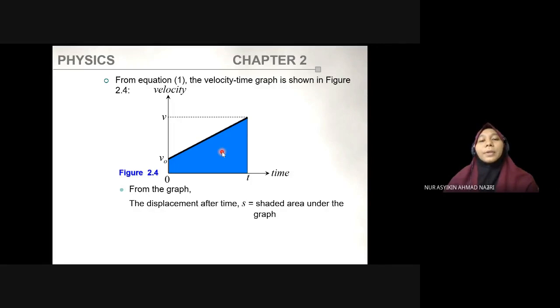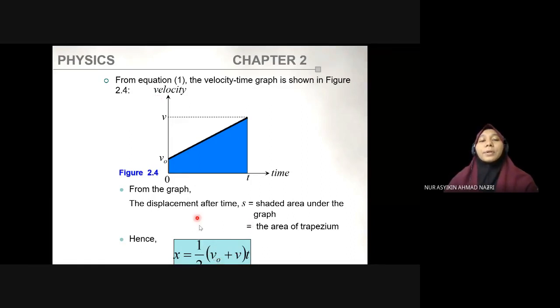From there we can describe the shaded area: this area under the graph can be described as the displacement after a certain time of movement. Since the shape is just like a trapezium, we have this new expression.